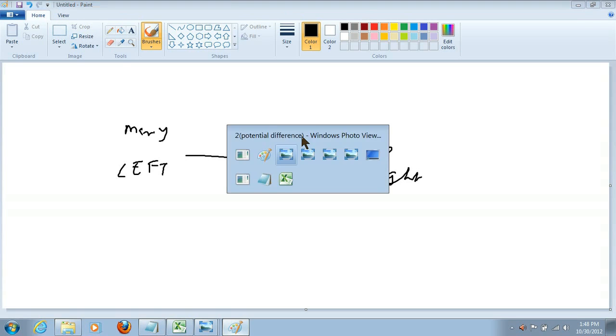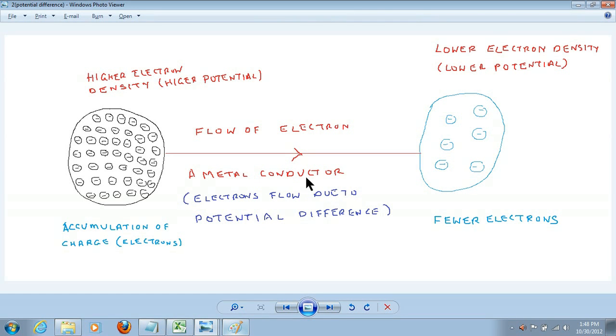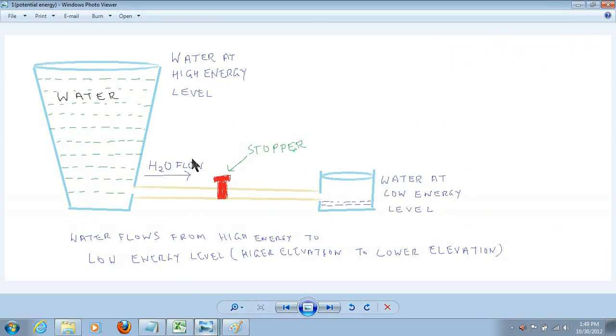Electrons will flow from the higher potential to the lower potential. I hope this analogy is clear. Just compare this with water: where potential is higher, it will move to a place where potential is lower.